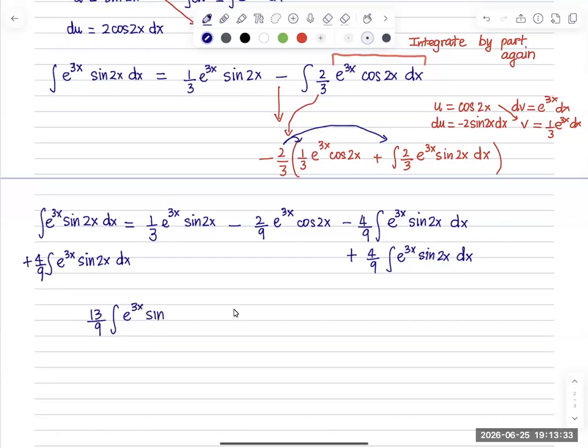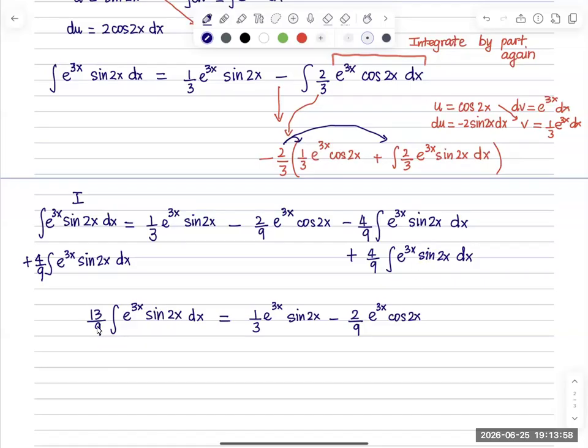You can also label it I, so you don't have to copy the expression again and again. But since I'm already doing that, I'm gonna keep this. And I have 1/3 e^3x sine 2x minus 2/9 e^3x cosine 2x. And this expression is gone.